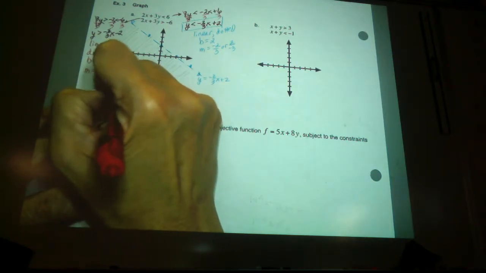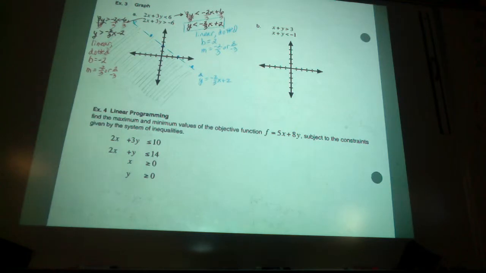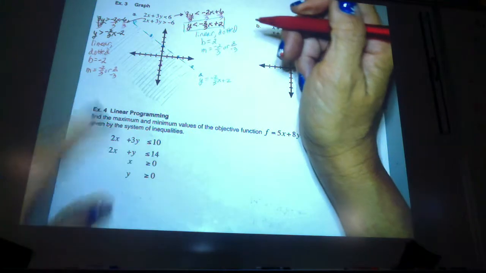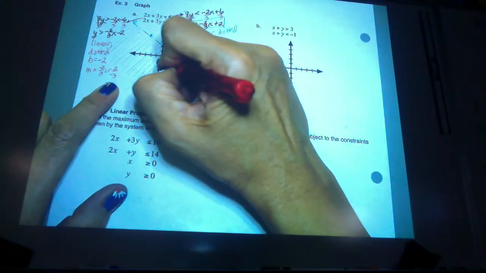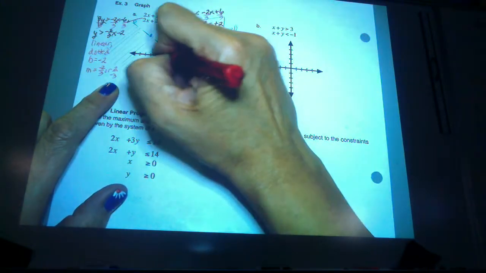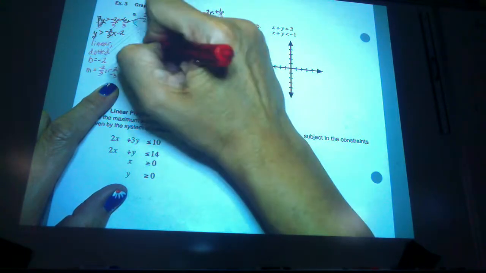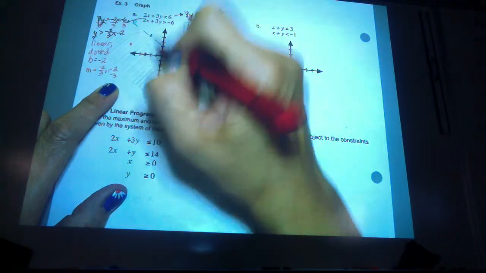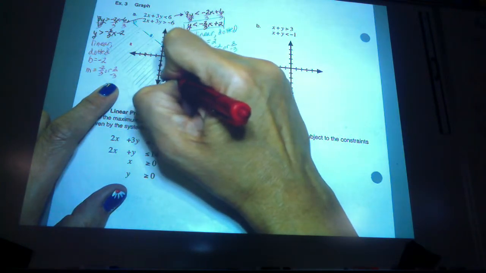The lines are parallel. That does not mean that we have no solution, by the way. It depends on your shadings. You could have no solution, but you could also have a solution. So I'm going to start at negative 2, and I'm going to go up 2, but to the left 3, or down 2 to the right 3.